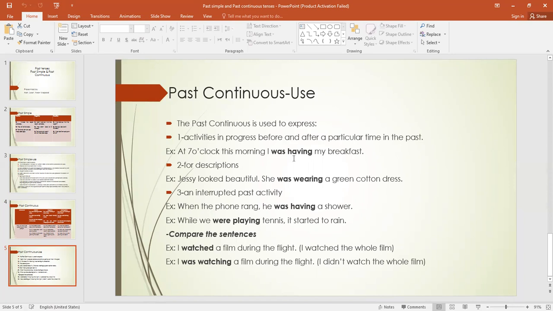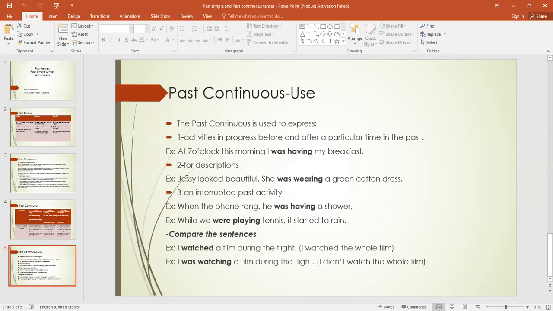Like what? For example, at 7 o'clock this morning, I was having my breakfast. You see that we have a fixed point of time in the past. At 7 o'clock this morning, I was having my breakfast.